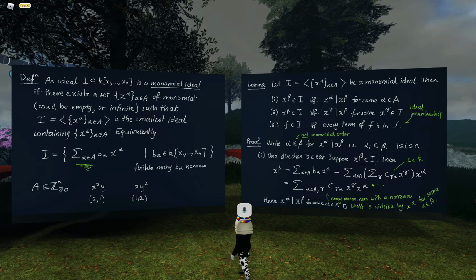Mm-hmm. And then we concluded that there exists an alpha such that the entire sum is divisible by that x to the alpha. We switched the quantifiers. That's one way to read what I said, but that's not what I'm arguing, because it's not clear that, I mean, in fact, that is true, but that's a little convoluted.